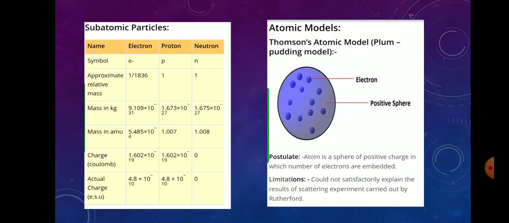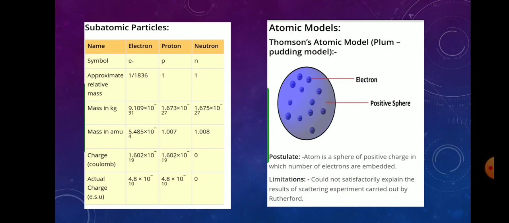Subatomic particles. Electron, proton and neutron are the subatomic particles. The symbol of electron is e, proton is p and neutron is n. Approximate relative mass of electron is 1/1836 and proton is 1 and neutron is 1. Mass in kg.